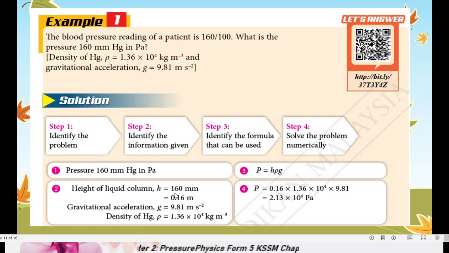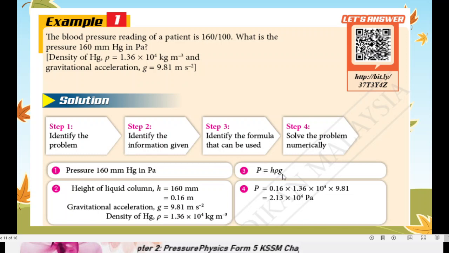You can convert to SI unit, so 0.16 meter. Gravitational acceleration g equals 9.81 meter second to the power negative 2. Density of mercury rho equals 1.36 times 10 to the power 4 kilogram meter to the power negative 3.